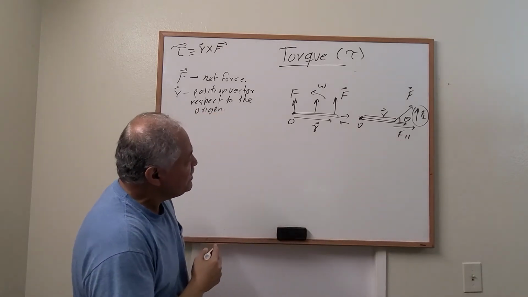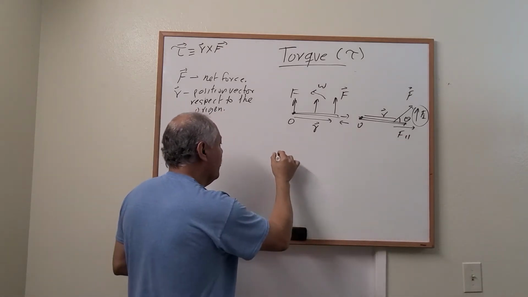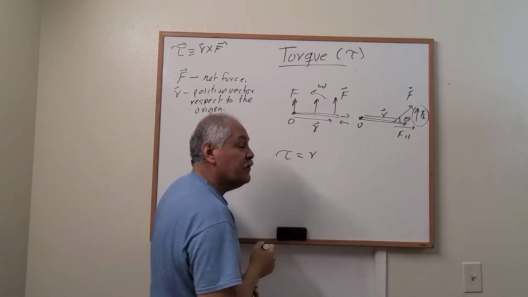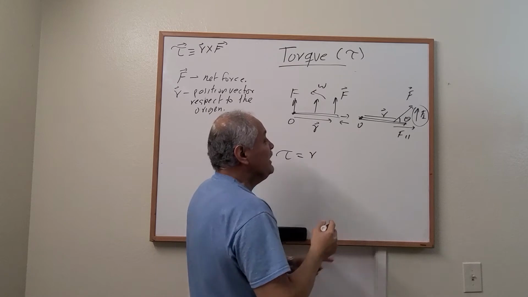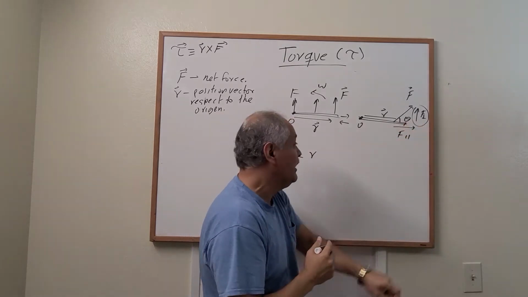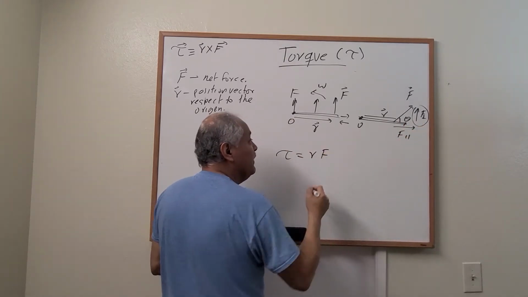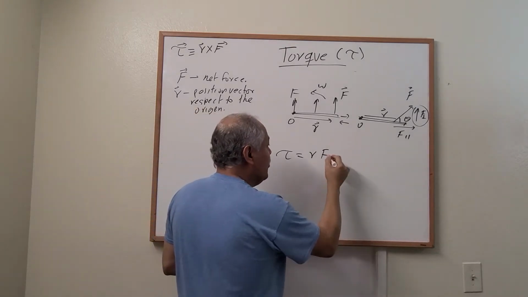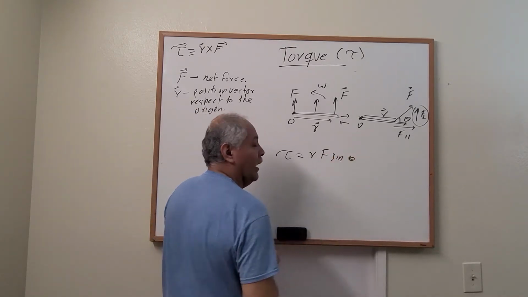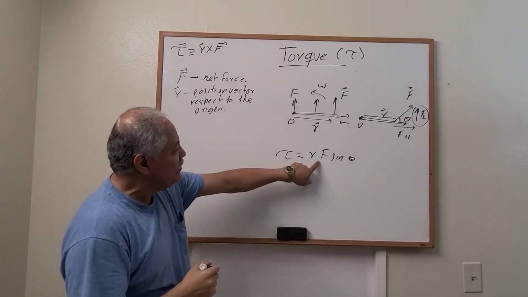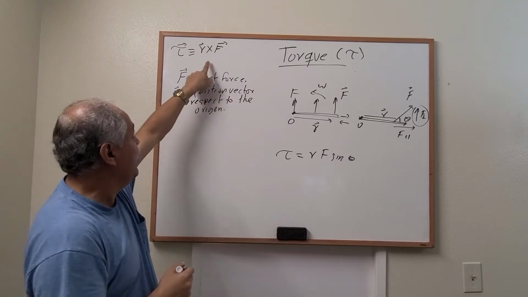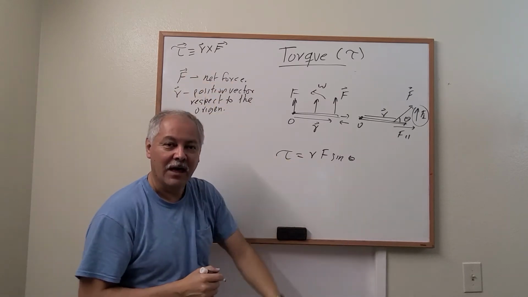So in general, the torque tau is equal to the product of this position vector times the component of the net force which is perpendicular to R, and that component is F sine theta. We reduce this form in this way: R cross F is actually RF sine theta.